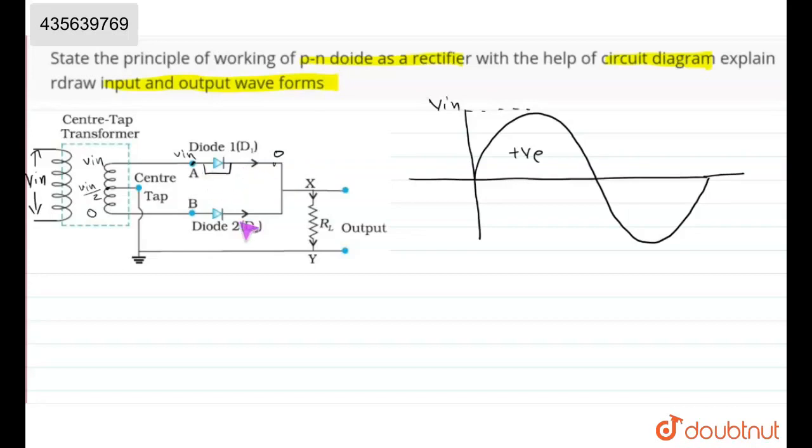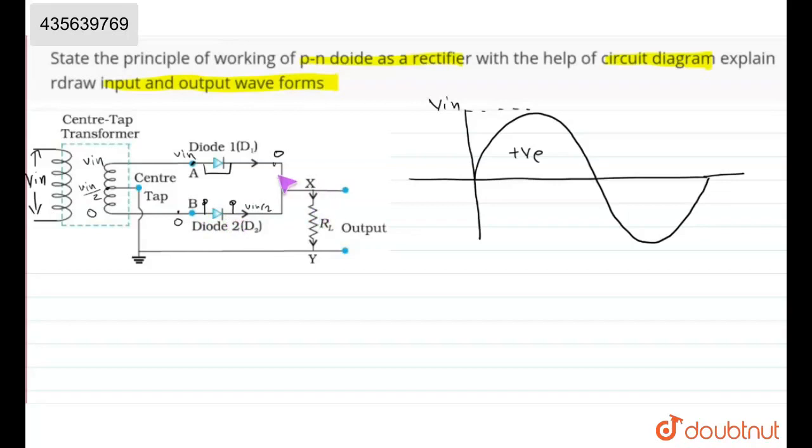This diode will be forward biased, so it will act as a short circuit, and for this diode we have 0 here, and at this point we have V in by 2. So this will be reverse biased, so it will act as open circuited.